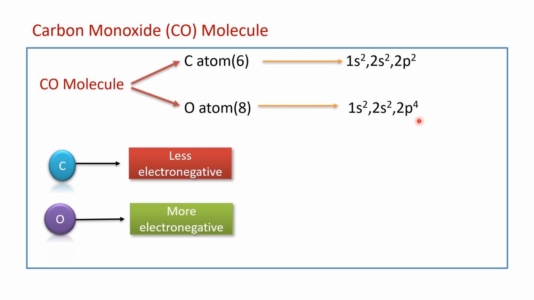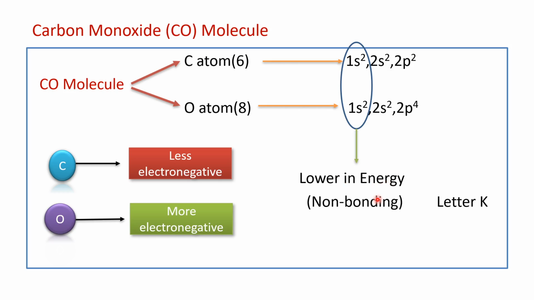Here, the 1s2 atomic orbitals of both carbon and oxygen atoms are lower in energy. As they are lower in energy, they are not used for bonding, and hence they are non-bonding atomic orbitals. As they are non-bonding atomic orbitals, while writing the MO electron configuration, we have to write the letter K. Why letter K?